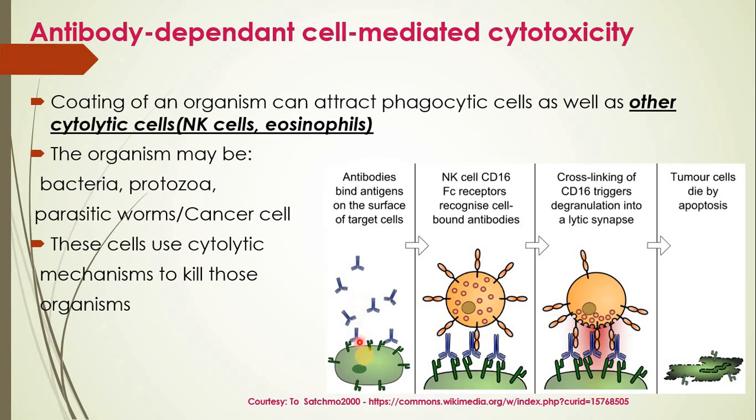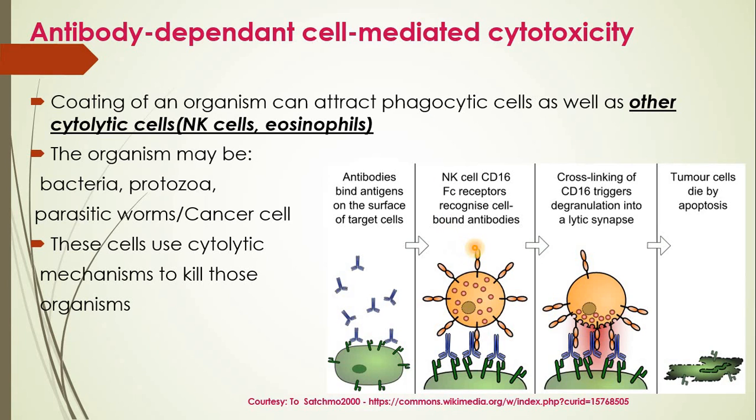Now when this is the condition, then this cell, that is the antigen, will be easily identified by the other bodily cells that are phagocytic cells, like the mast cells, you can say, the natural killer cells, or the eosinophils, or dendritic cells, and so on.